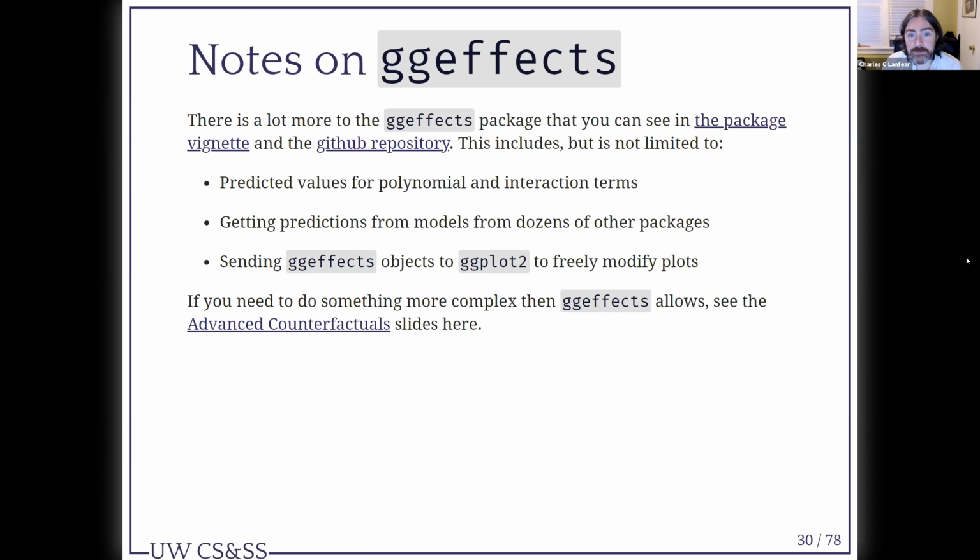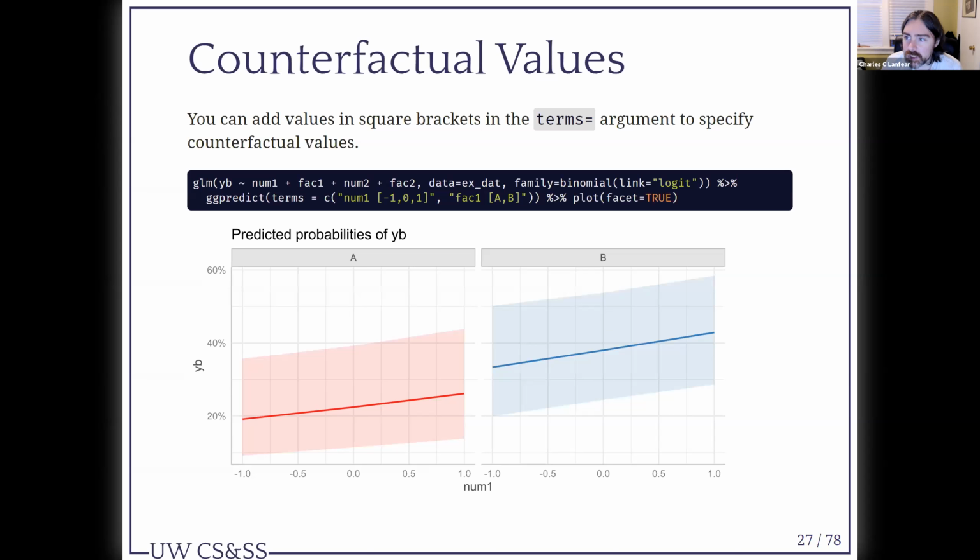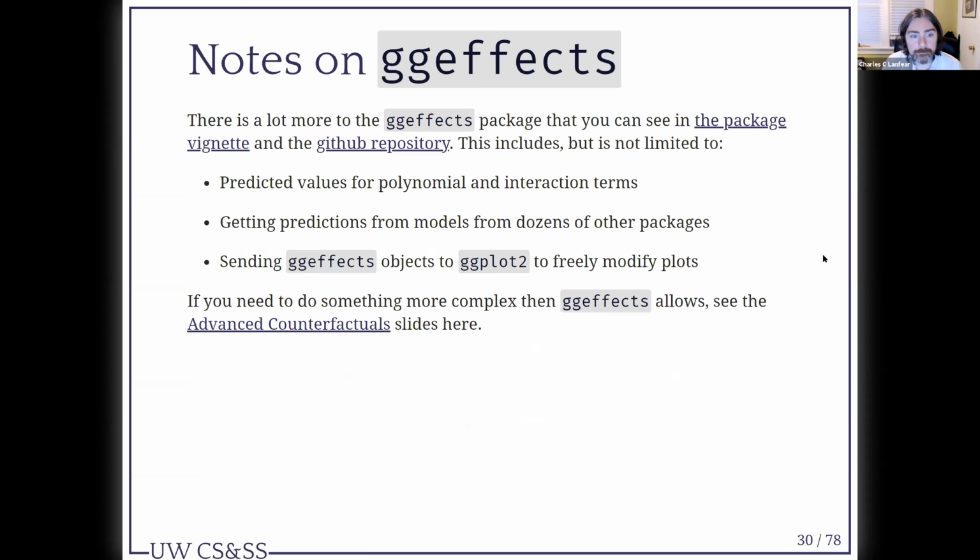And the cool thing is, if you look back at these plots, as you can tell by the appearance, these are ggplots, which means you can just do a plus at the end of this and add any layers you want to them. So you can modify them with everything else we've learned in the class. It's just a ggplot, do what you want with it. Okay.